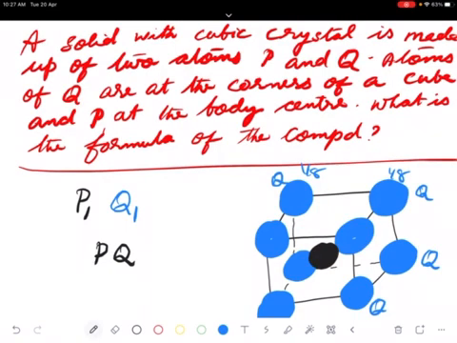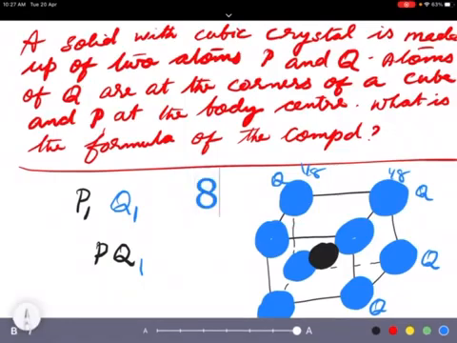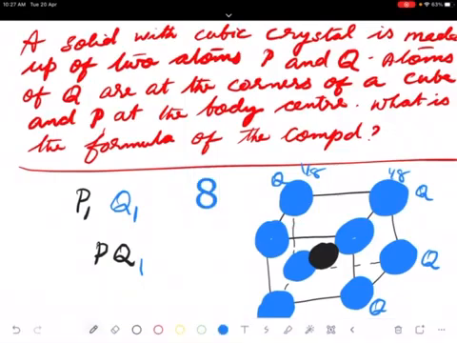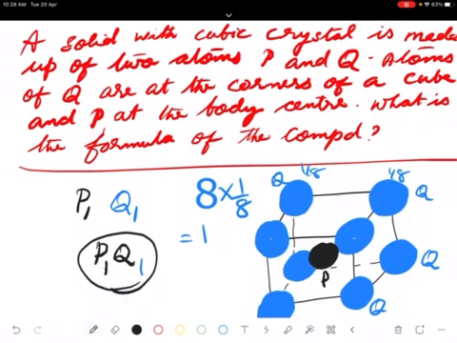How did we get this 1? 8 into 1 by 8. That is 1. And this one is P. Its contribution is full, so we write it as 1. So the formula will be PQ. Thank you.